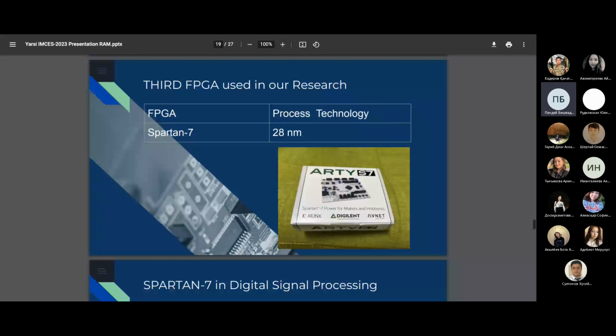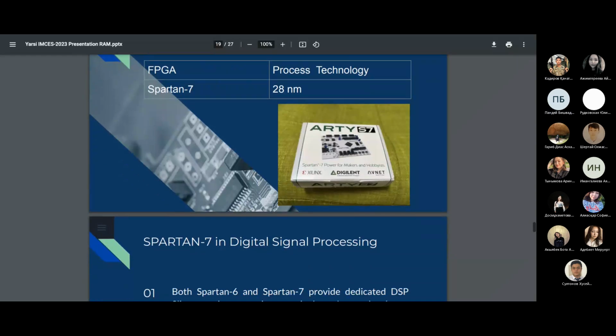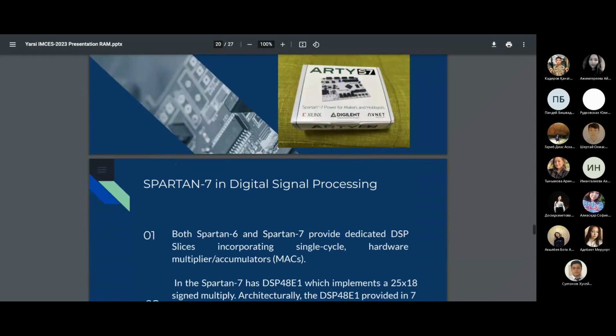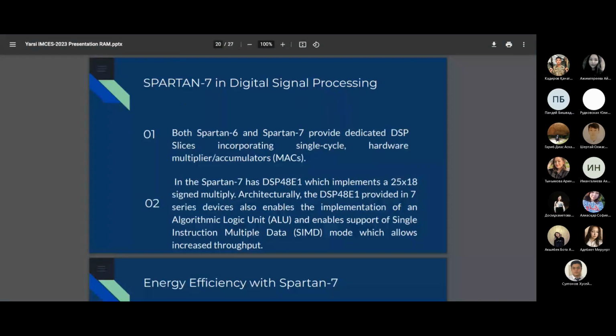Third FPGA used in our research: FPGA Spartan 7, process technology 28 nanometer. Spartan 7 in digital signal processing.